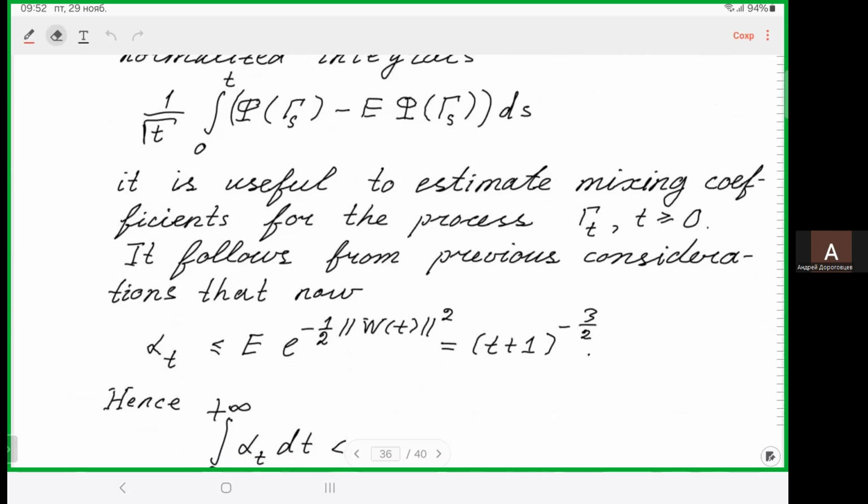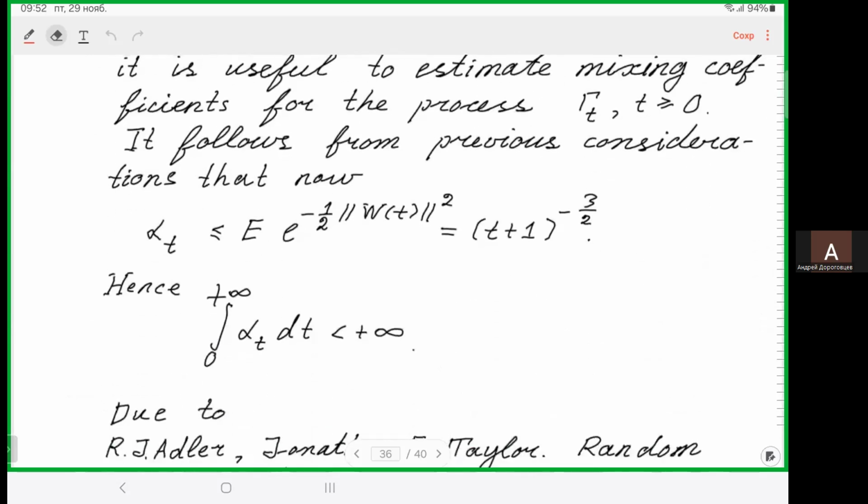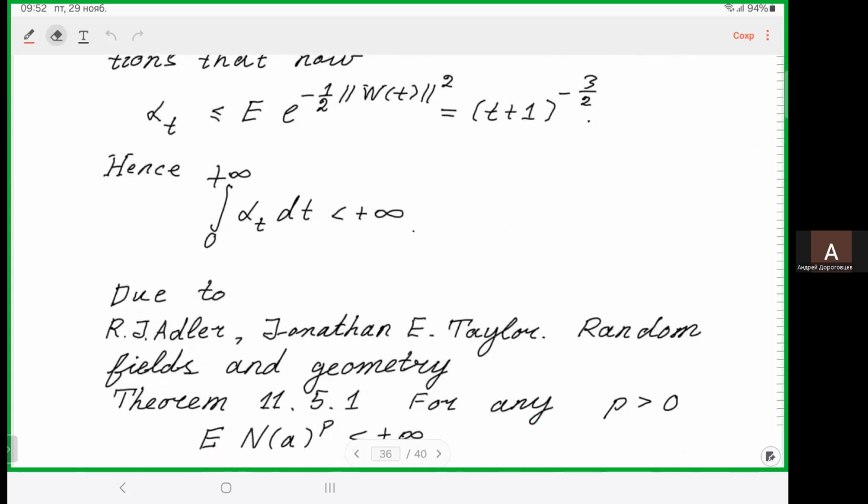We discussed it in the beginning of my lecture, how to do this. Since the integral of this mixing coefficient is less than infinity, one can apply the ergodic theorem and the central limit theorem and whatever you want to the asymptotics of our geometric characteristic.